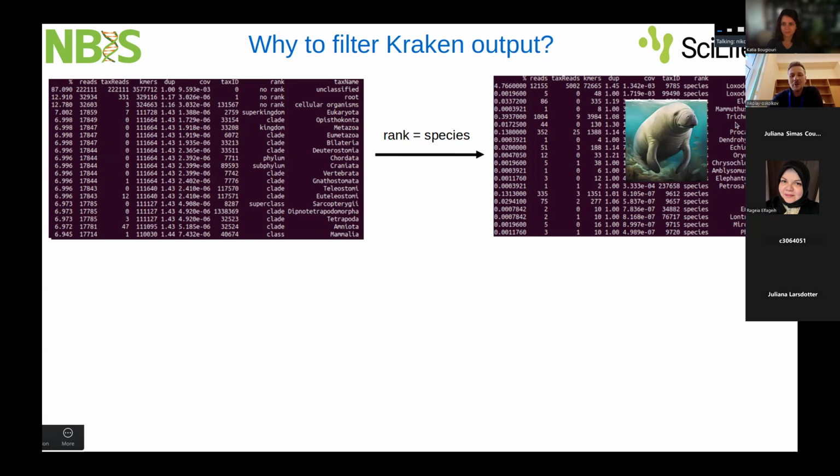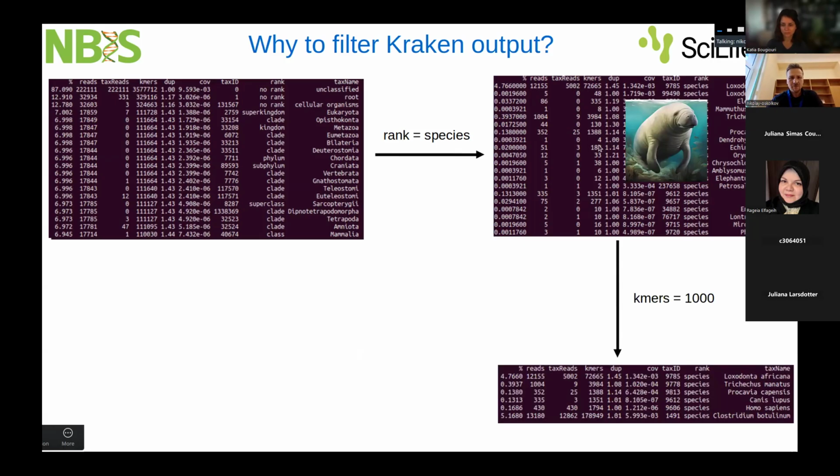So how can we get rid of these organisms that don't make sense? Of course, you can manually remove them if you don't believe that you have sea cow in your sample. But there are more intelligent ways. You can apply filtering based on these stats that Kraken provides. For example, in Kraken Unique and also in Kraken 2 nowadays, there is a way to look at the numbers of unique k-mers.